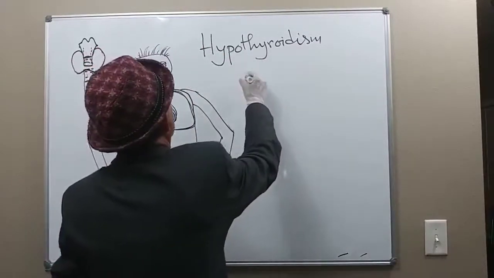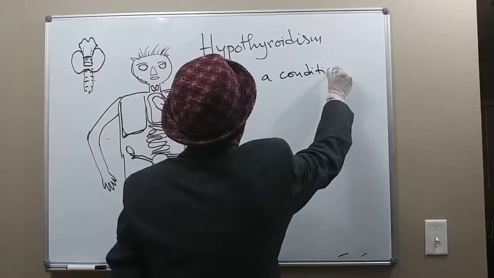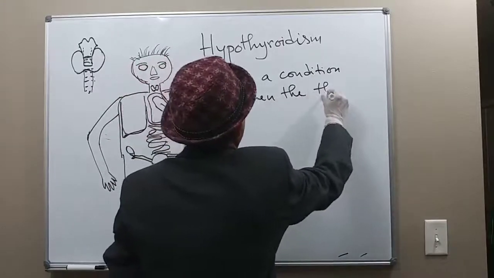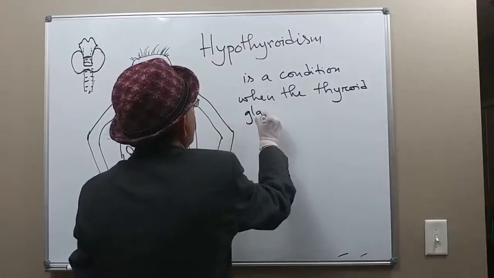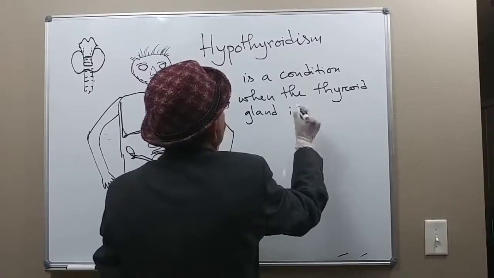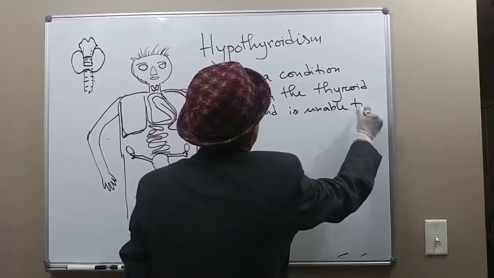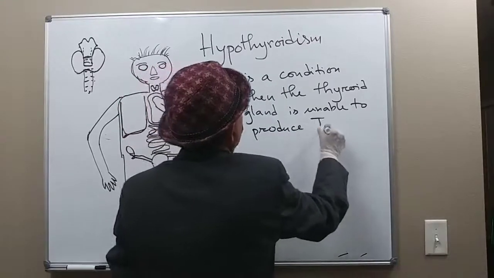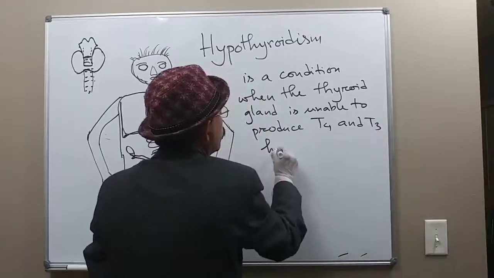Hypothyroidism is a condition when the thyroid gland is unable to produce T4 and T3 hormones.